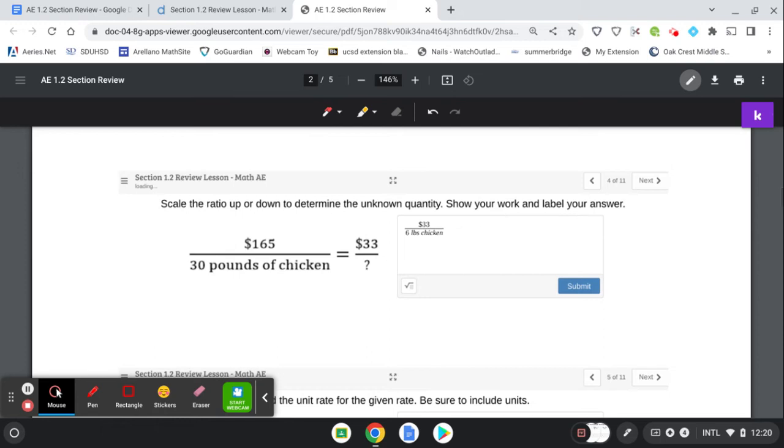So in slide 4, we're going to either scale the ratio up or down. It says $165 to 30 pounds of chicken. That's equivalent to $33 to how many pounds of chicken? So the ratio went from 165 to 33, so it's going down. So we're going to divide 165 by what is going to give us 33.